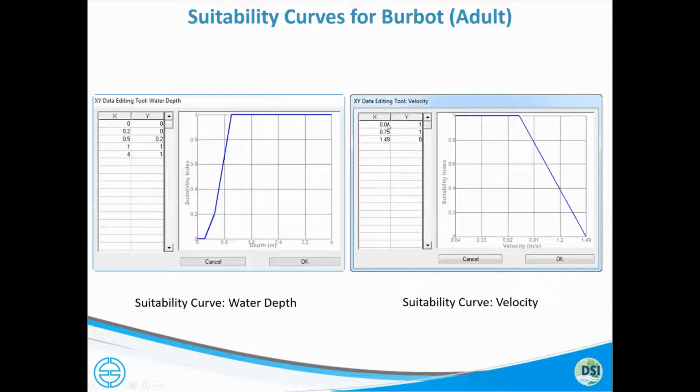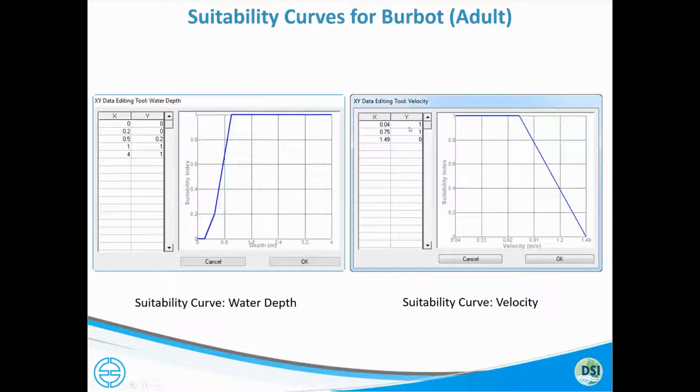So a velocity of 0 would still have an index of 1. If you want to provide more detail, or if you don't think that's true for your application, then you can just provide more data points. You can add as many velocity or depth indexes and criteria as you need for your particular project.